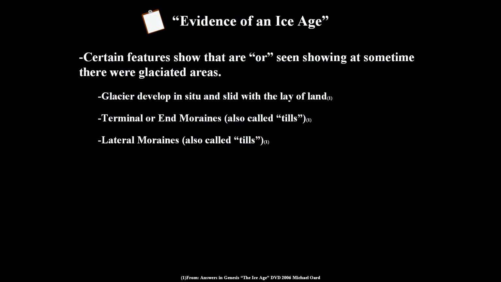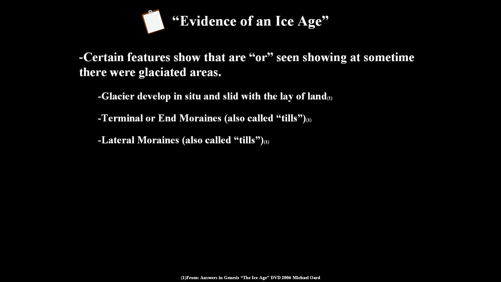We're going to start looking at the evidence of an Ice Age. Certain features show that at some time there were glaciated areas. A glacier develops in place and slides with the lay of the land.